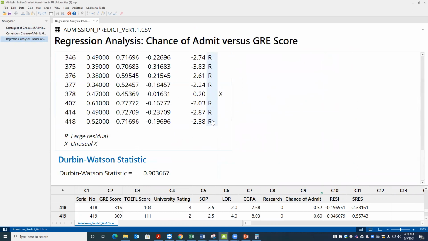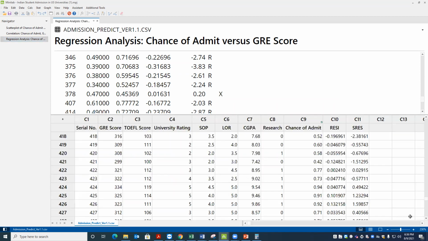The Durbin-Watson statistic is used when we have time series data. Time series data means one axis is time, like your salary or income over the period of the last 20 years.